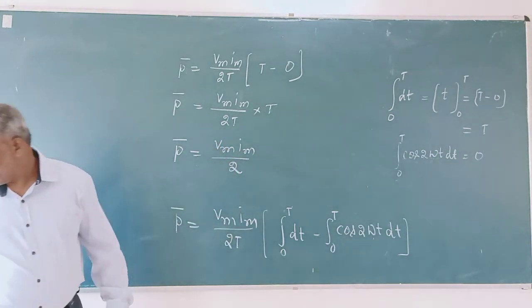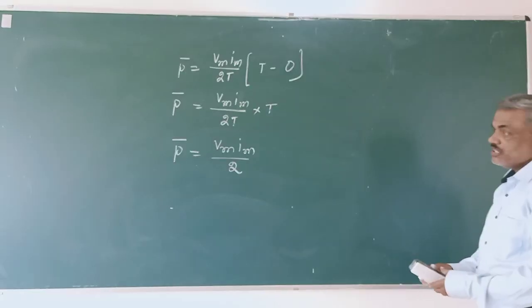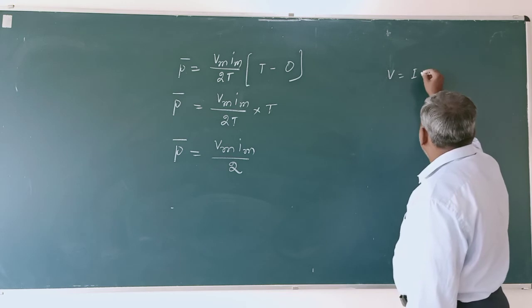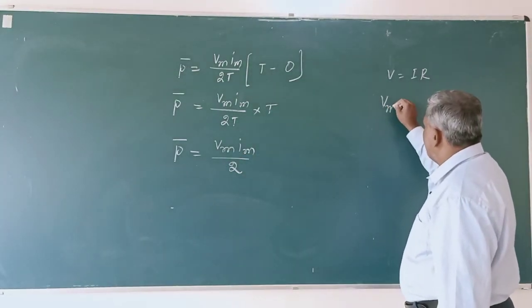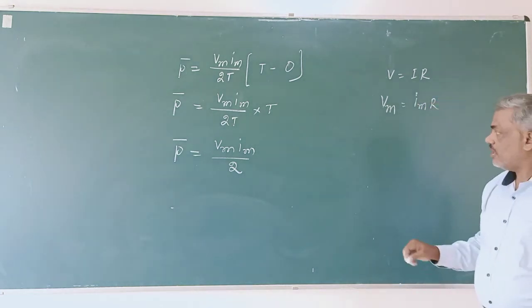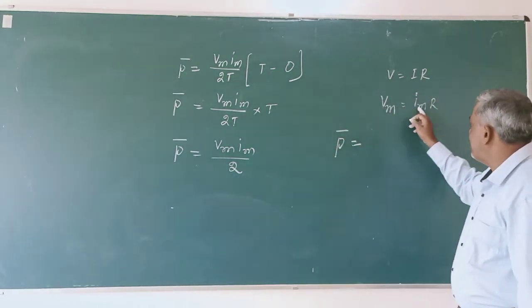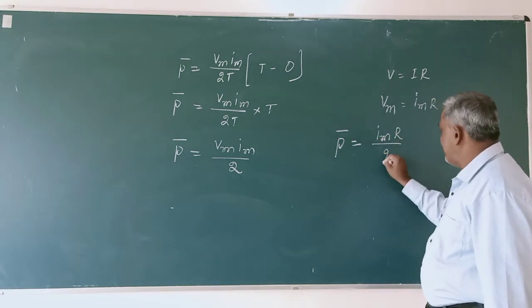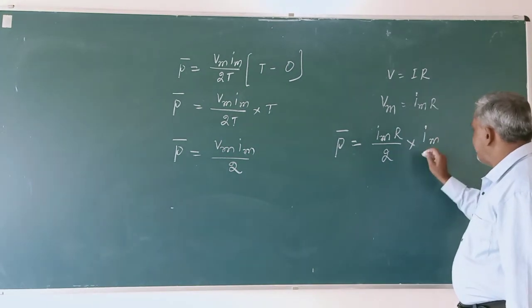For constant V equals I into R, so now Vm equals Im into R. So average power P bar equals Im into R divided by 2 into Im.